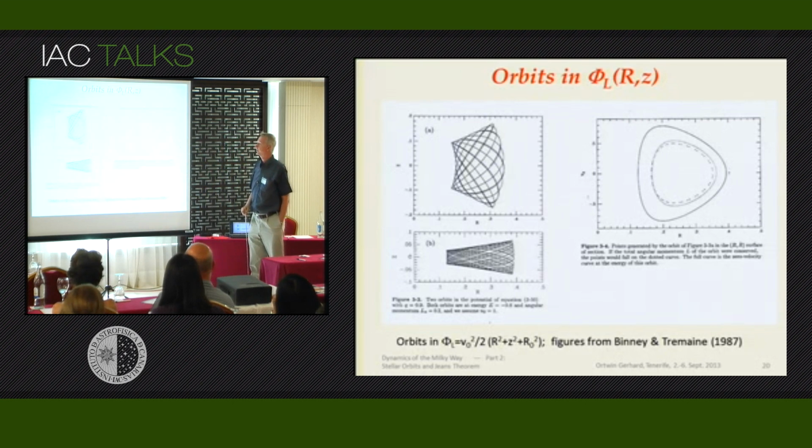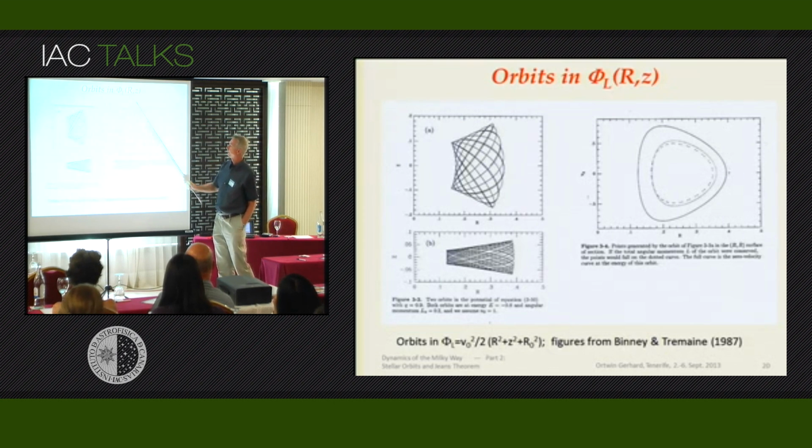This is an orbit that is more confined to the plane, whereas this one is one that explores a larger fraction of the volume. And those two in the surface of section have those shapes here.